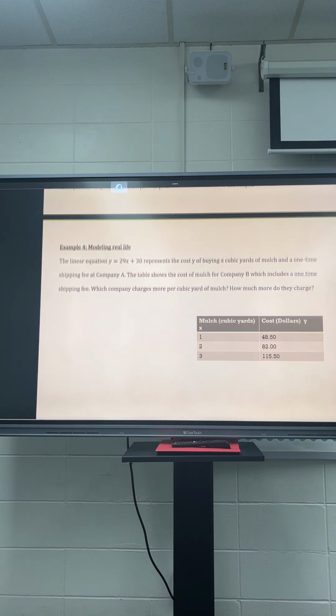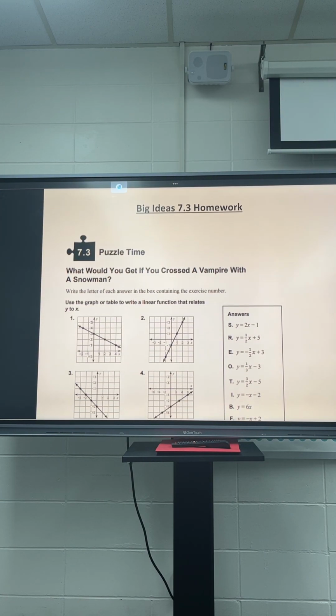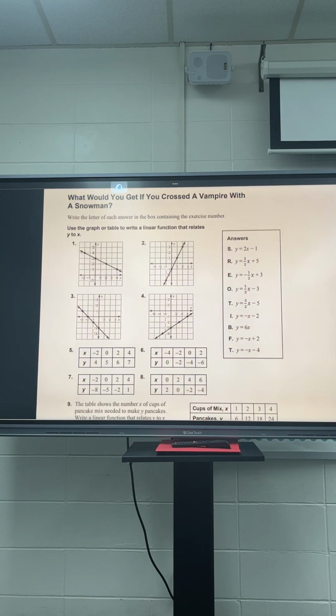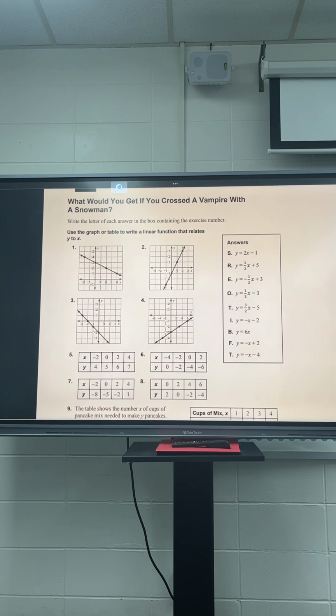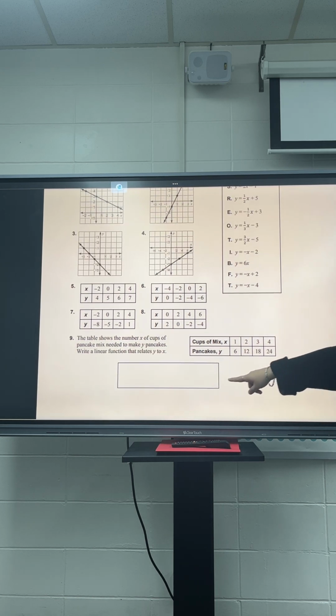Okay, we're going to skip this last question, and I'm going to let you move on to the next section. So you can do the 7.3 puzzle time. What would you get if you crossed a vampire with a snowman? I am not giving you the boxes down here because I don't want you to cheat and just fill it in and then go backwards.